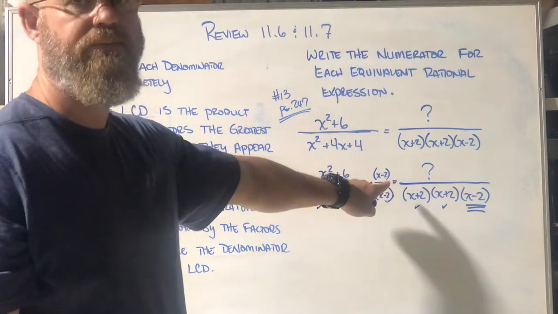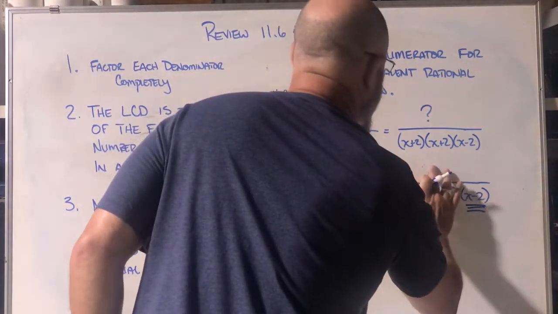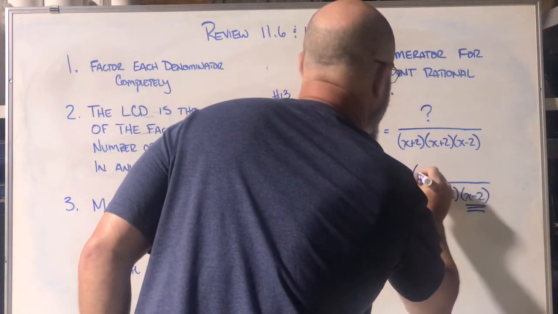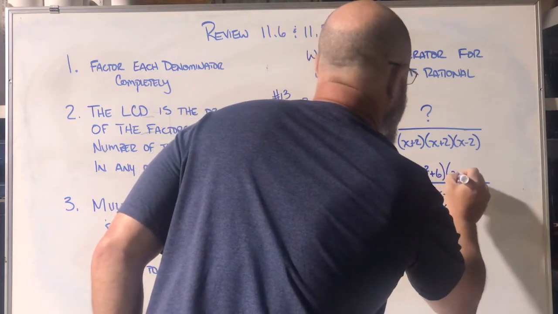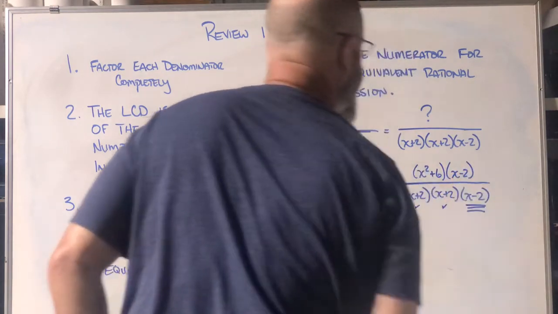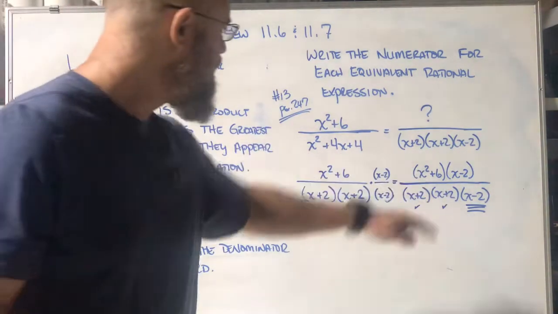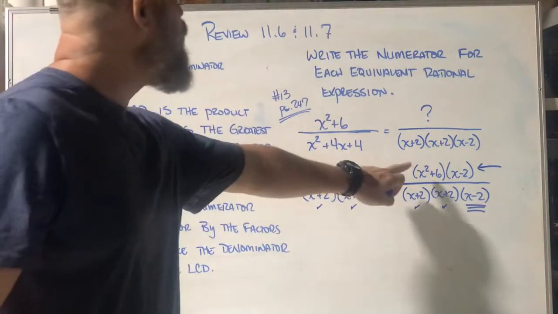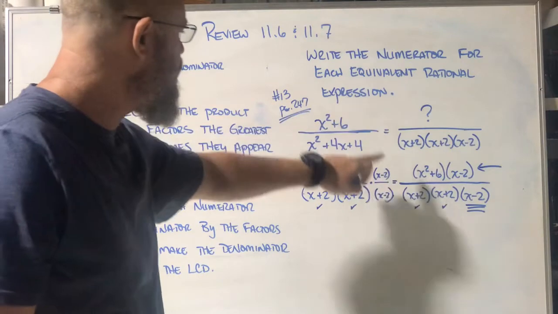Does that make sense? So I'll take that question mark out and write my new numerator: x squared plus 6 times x minus 2. That right here is our new numerator.